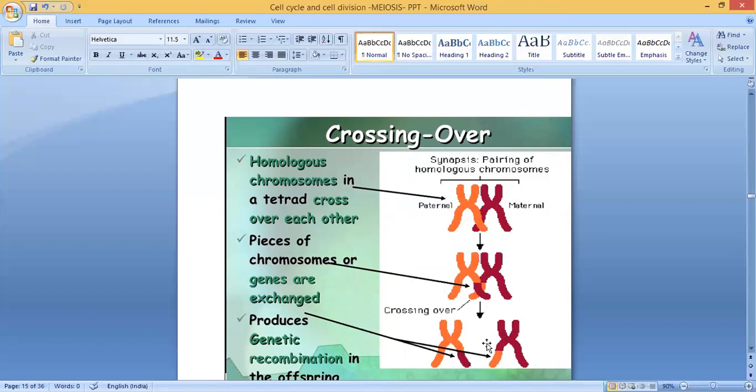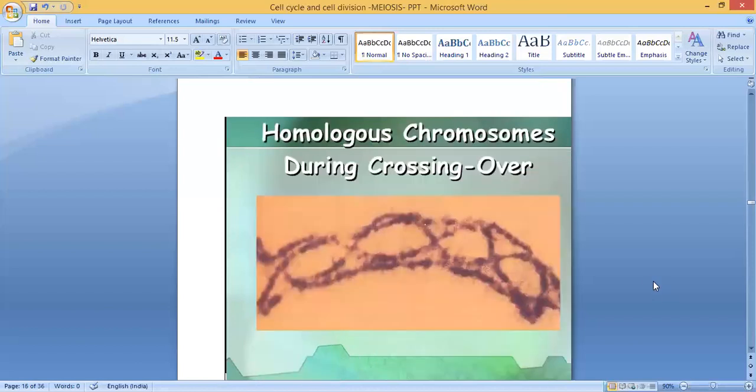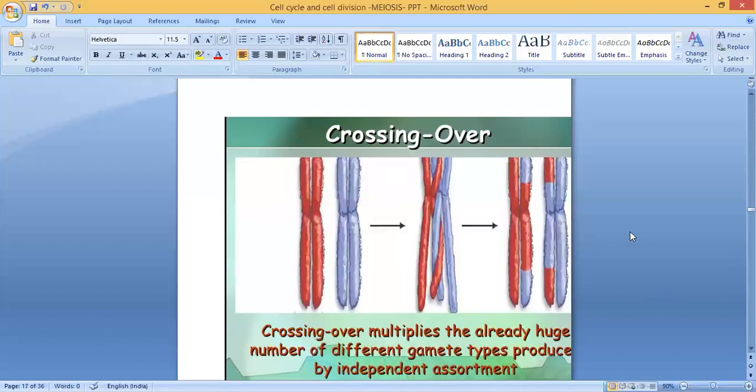So after crossing over, chromosomes or genes are exchanged. This is the crossing over of homologous chromosomes. You can see that in one pair of chromosomes crossing over takes place, and then genes or chromosomes are exchanged.